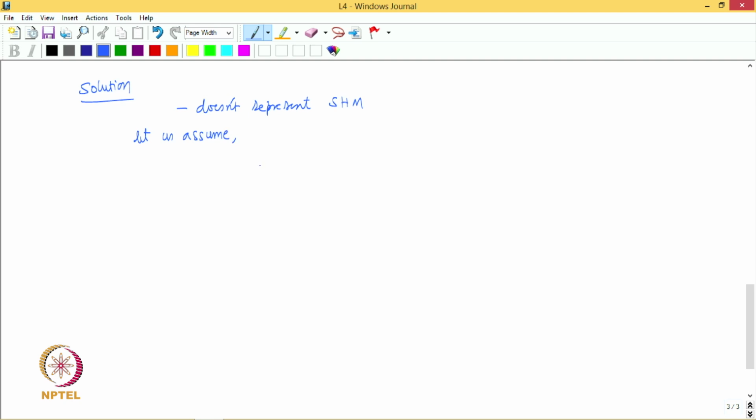So, let us assume x of t as say A e to the power s t. Here s is a complex quantity.